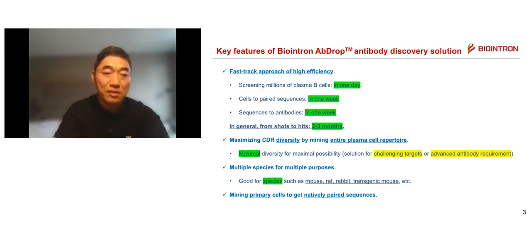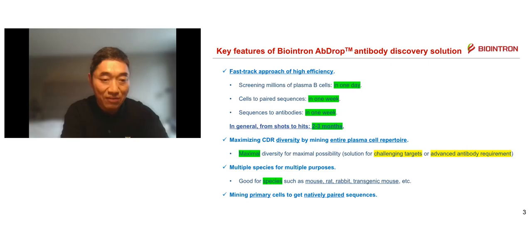Secondly, this is the point I like the most, because it can maximize the CDR diversity by mining. I may not say entire, but we can get the most plasma cells by scanning each individual B cell from the whole plasma cell pool. We can try to keep all of those B cells, so we get the maximal diversity of those CDR sequences.